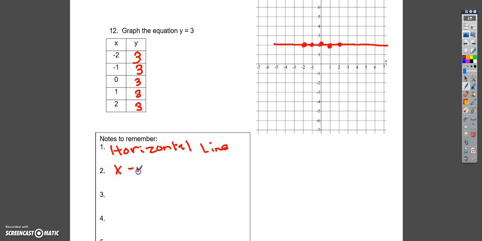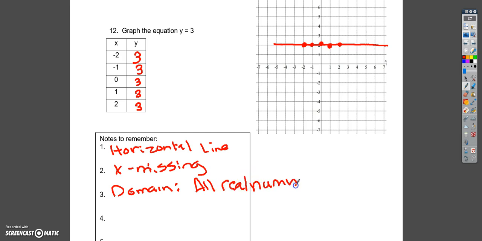X is missing. The domain is always going to be all real numbers.